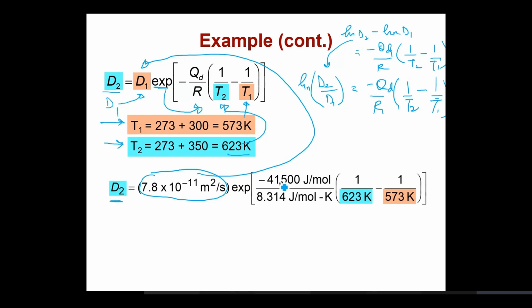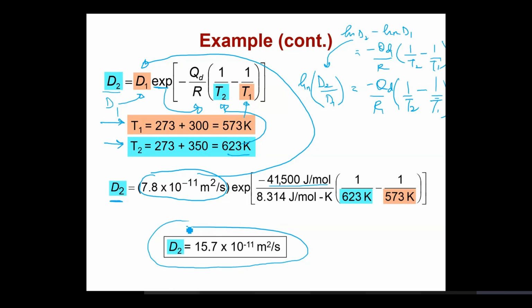Remember that the QD value was given in kilojoules per mole, 41.5 kilojoules per mole, so you had to convert it into joules per mole, and this is your value of diffusion coefficient, 15.7 into 10 to the power minus 11 meters square per second. So your answers 15.7 or 15.6 were correct.